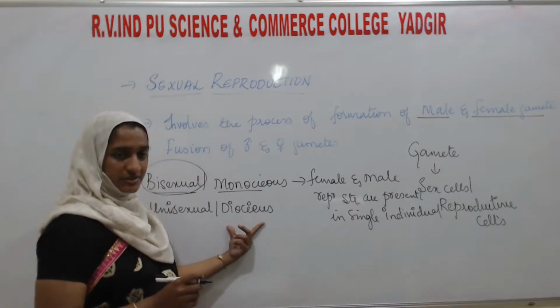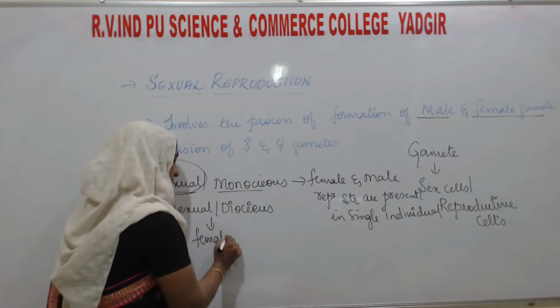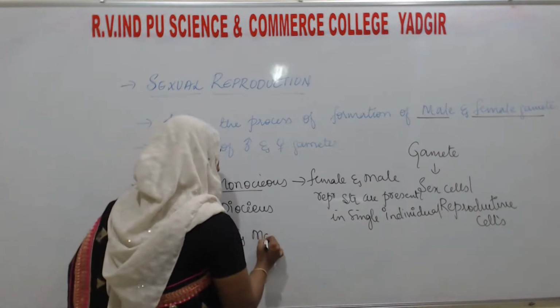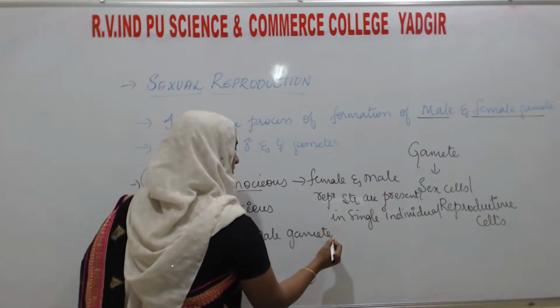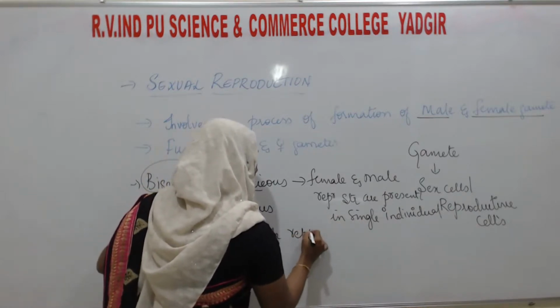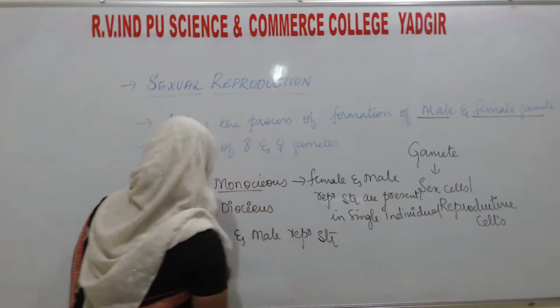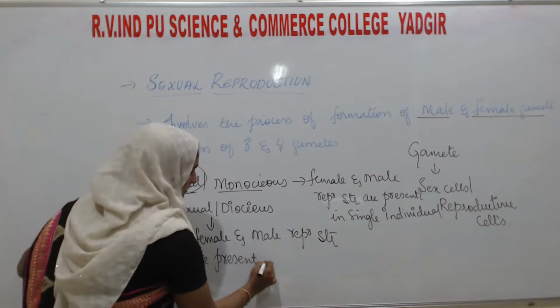Unisexual or dioecious means where female and male reproductive structures are present in different individuals.